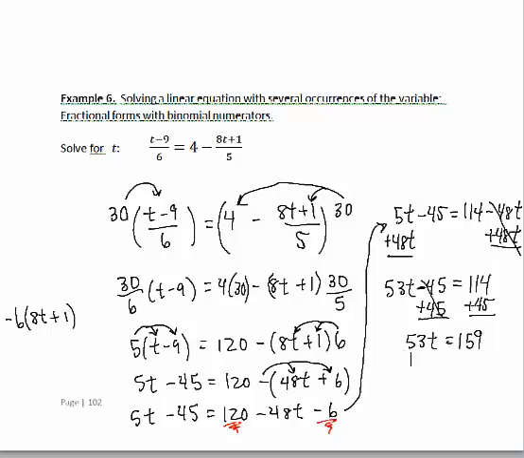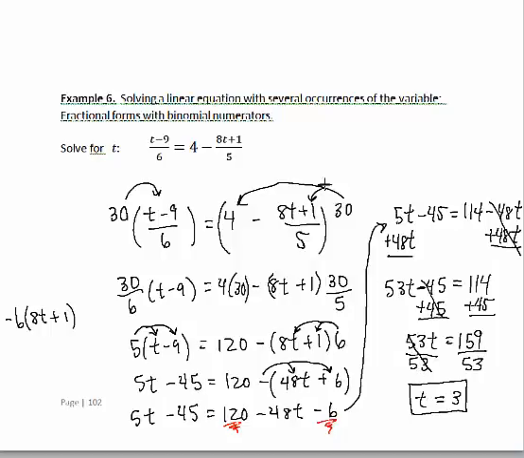And now to solve for t, it's only being multiplied by 53, so we divide by 53 on both sides. And we simply look at the variable to figure out what needs to be done. We want to chip away all the numbers that surround the variable. So finally, we have the t by itself. 159 divided by 53 is 3. t equals 3.